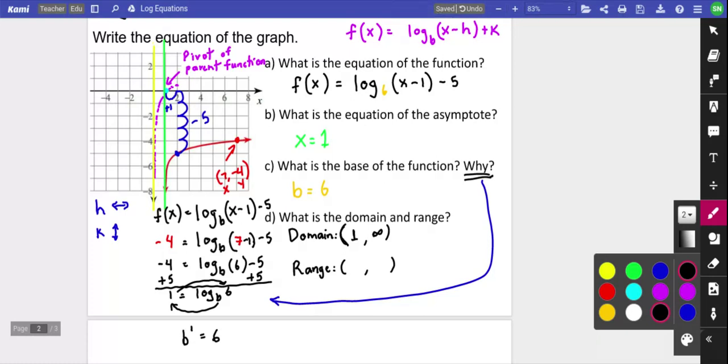The range is how far up and down we are able to go. The graph goes down to negative infinity, and even though it's growing very slowly, if you keep going to infinity, eventually it also goes to infinity. So range is negative infinity to positive infinity.